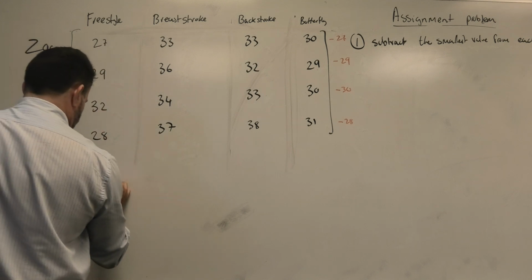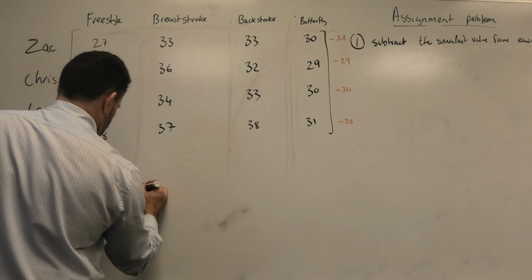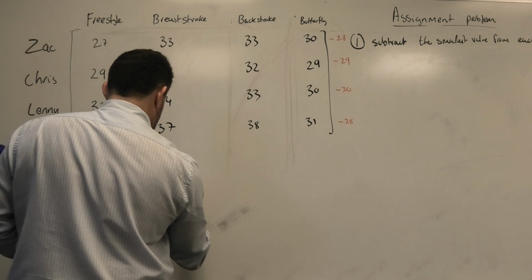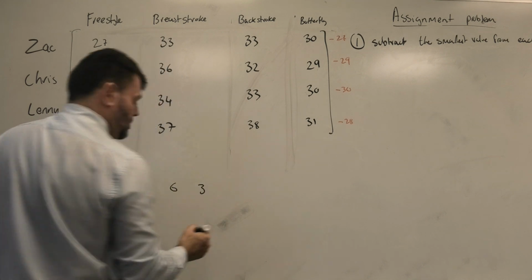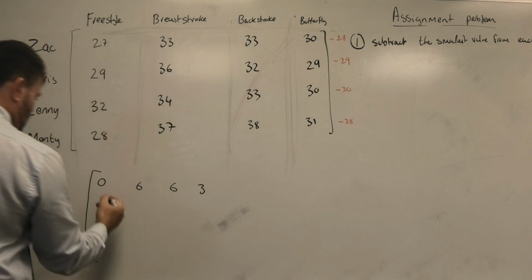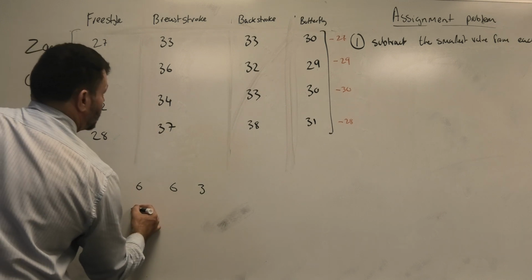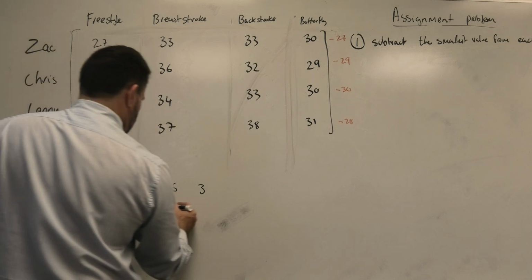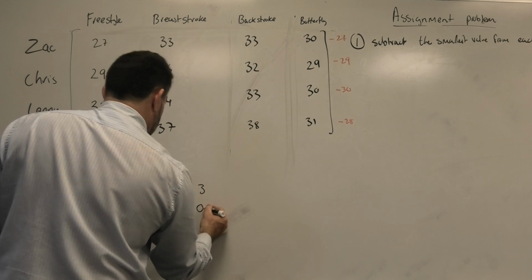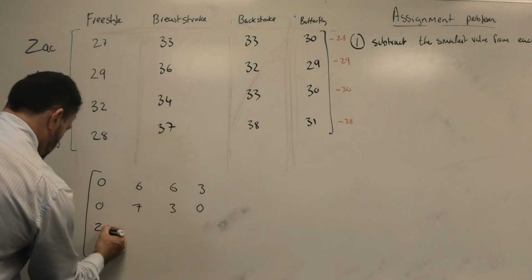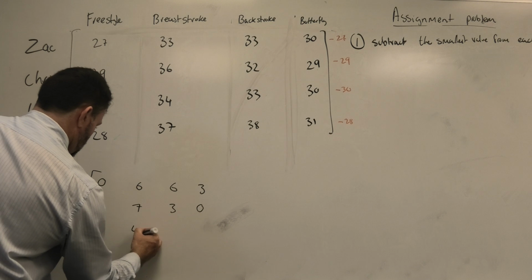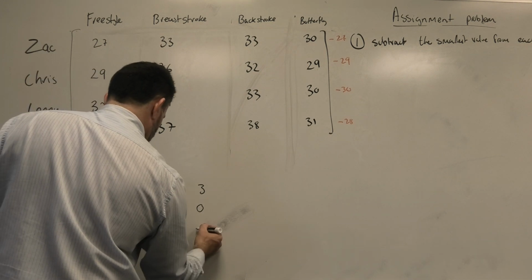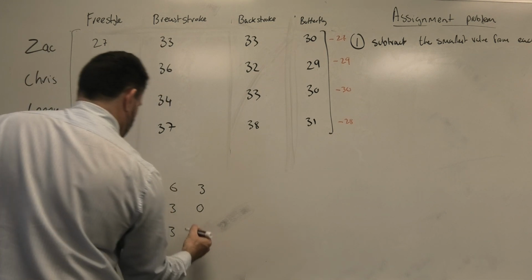We end up with 0, 6, 6, and 3. Along here, we end up with 0, 7, 3, and 0. Then 2, 4, 3, and 0.